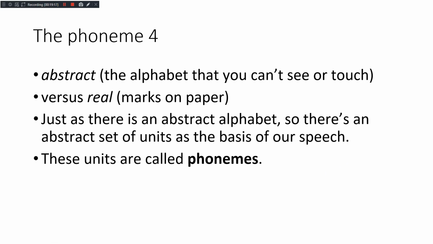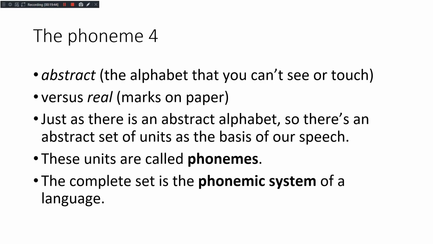And a phoneme is an abstract idea that we cannot see, that we cannot touch, that we cannot hear. It's in our minds. But when we pronounce it, it becomes real. Therefore, the pronunciation, again, I remind you, can be different from one person to another person.